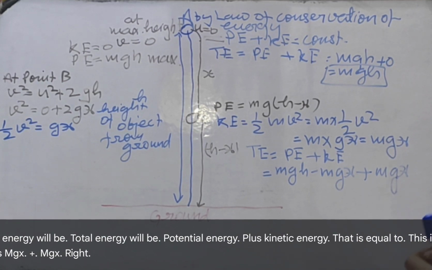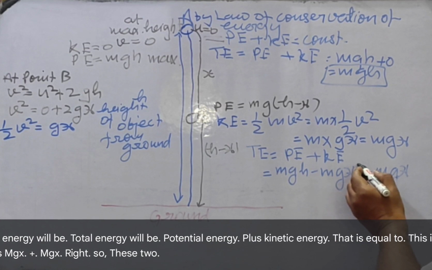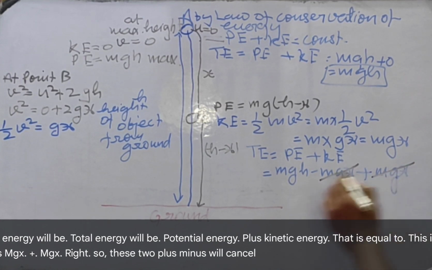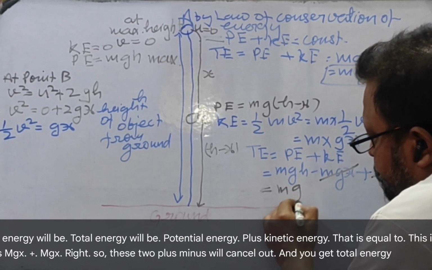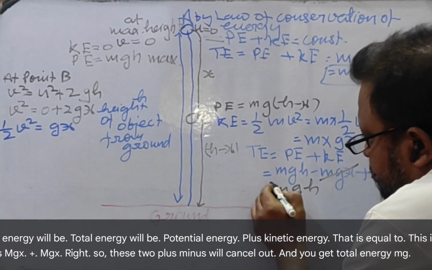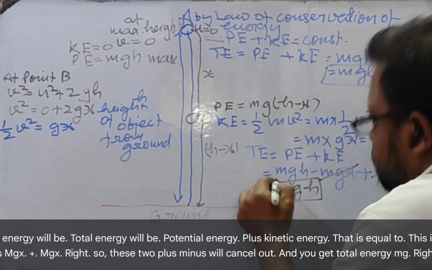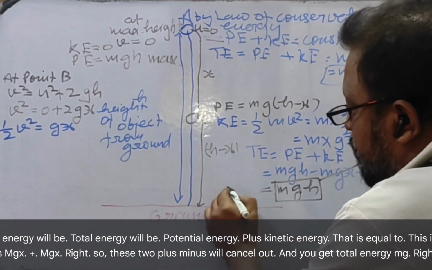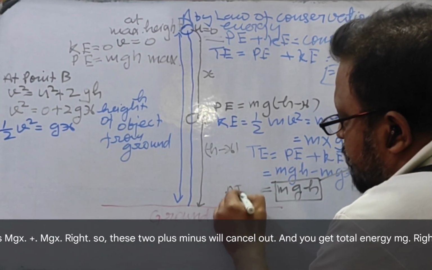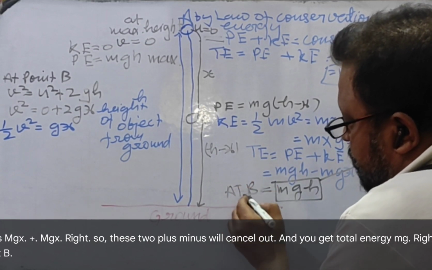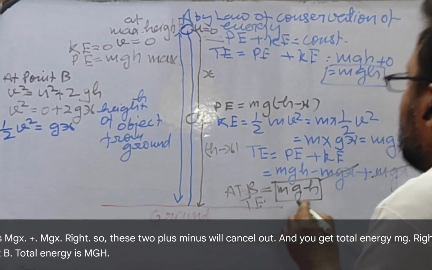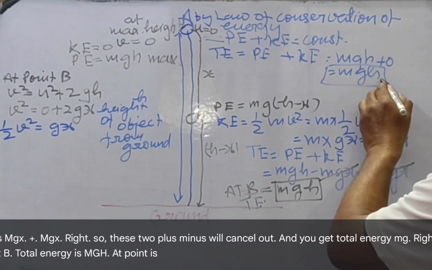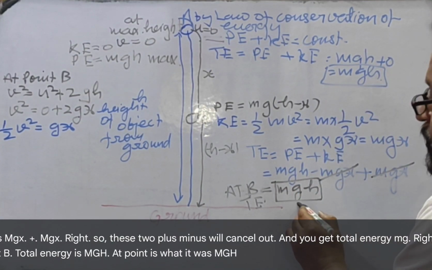So these two plus minus will cancel out and you get total energy mgh, right? So at point B, total energy is mgh. At point A it was mgh, at point B it is mgh.